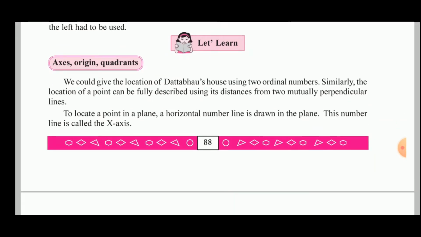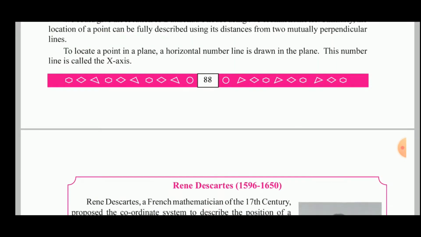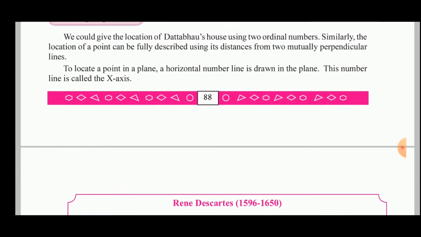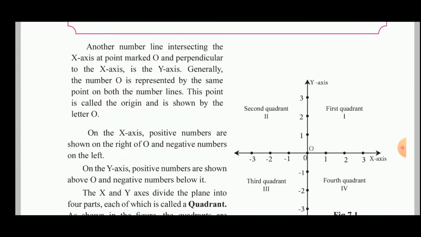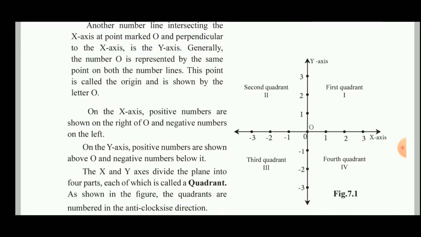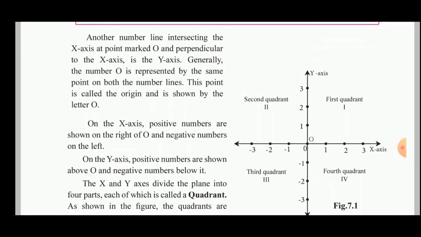To locate a point in a plane, a horizontal number line is drawn in the plane. This number line is called the x-axis. Now, look at the figure here. This horizontal line which is drawn in a plane is called the x-axis.